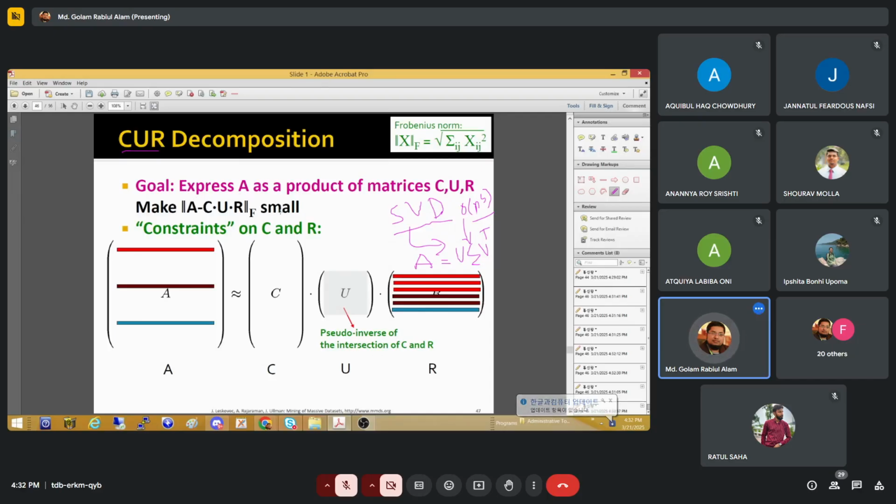Now we have to understand what we usually do in CUR decomposition.